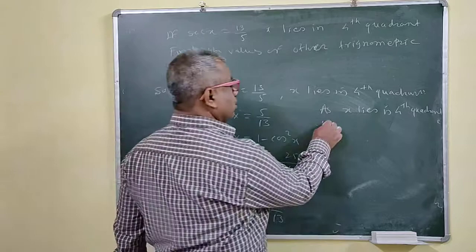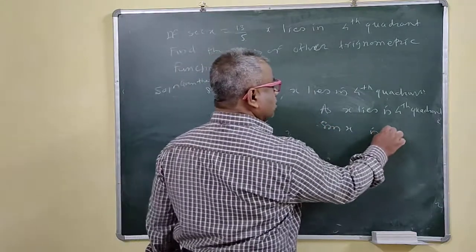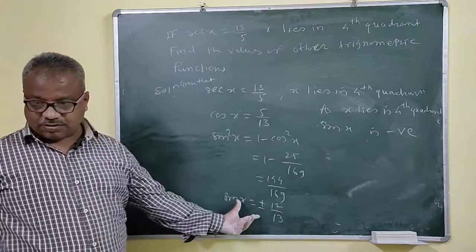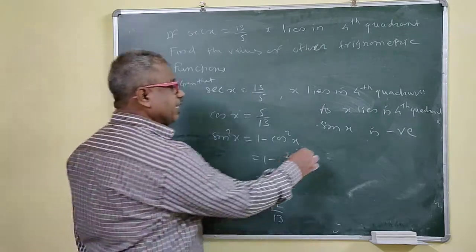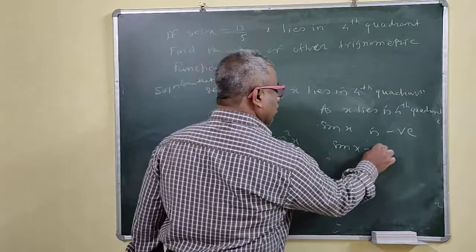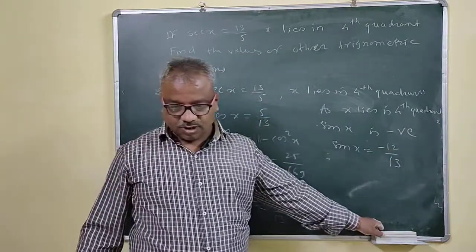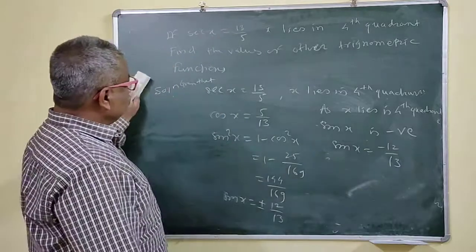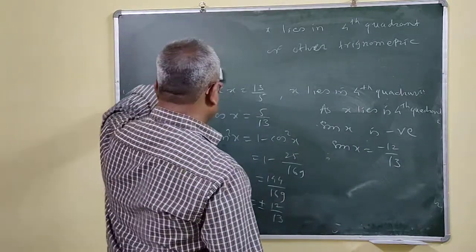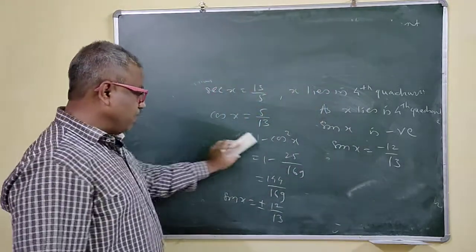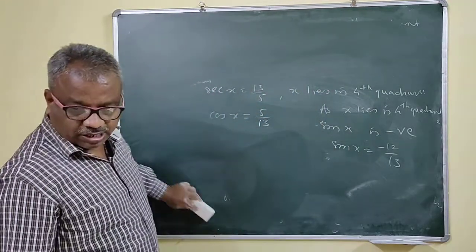In the fourth quadrant, sine x is negative, so you have to take the negative value. So sine x is equal to minus 12 by 13. So now we have the value of sec, the value of cos, and the value of sine. We can find the value of tan and cosec.